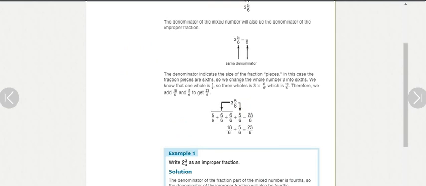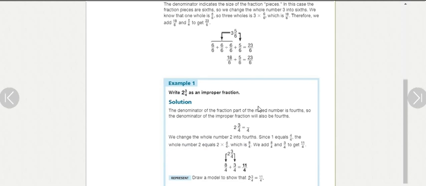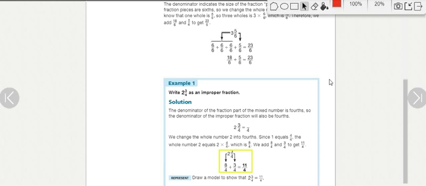Example 1 says do 2 and 3/4. So they've got our model here showing what is 2 and 3/4 really. Well, you've got your 3/4, and then you've got 2 4/4, and they don't even show the 4/4 plus 4/4 like we just did. They're starting to move faster than that already. They talk about it right here, but then they jump right to 8/4.